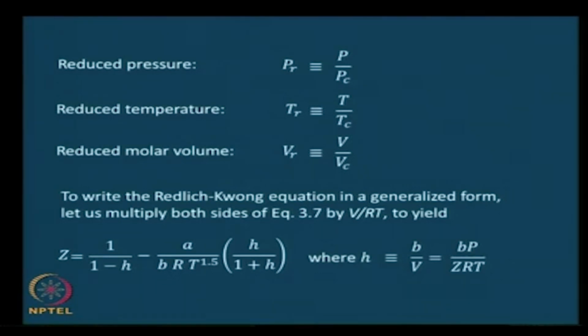Okay. Hopefully you would have arrived at this expression here, which is by mere substitution and grouping B by V as H, and some transposition may be required, maybe more of grouping of terms is required to get this expression.